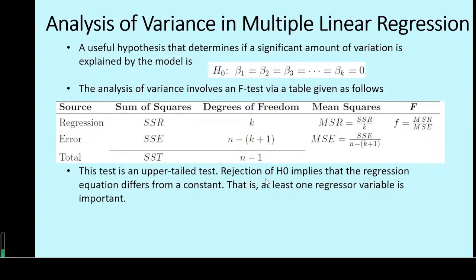Rejecting H0 implies that the regression equation differs from a constant. So if the test is significant, we conclude that not all beta coefficients are 0, which means at least one regressor variable is important to predict the response variable.